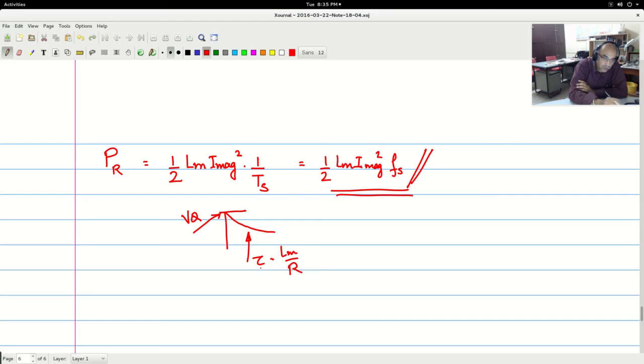So these two are going to decide the value of R, and the power dissipation is determined only by frequency and the inductance, the magnetizing current components. So this way you can rate the resistance value R.